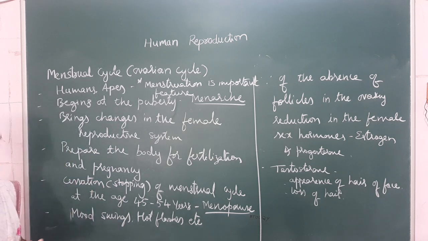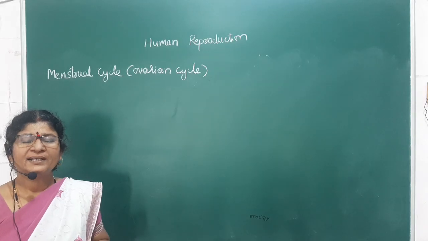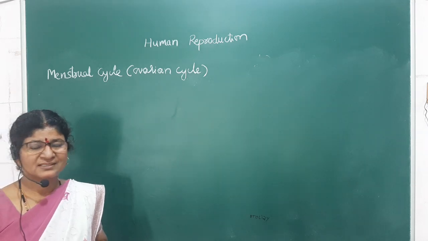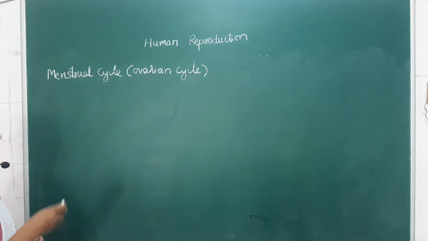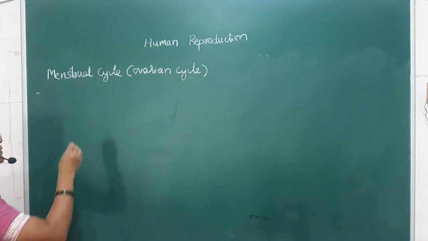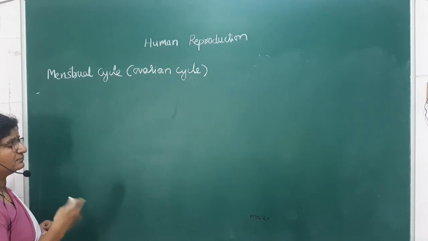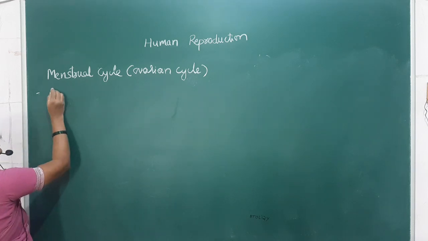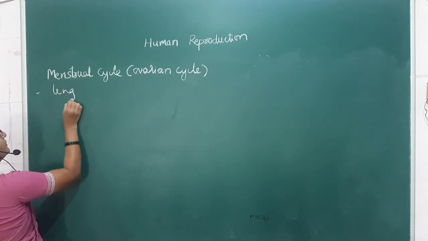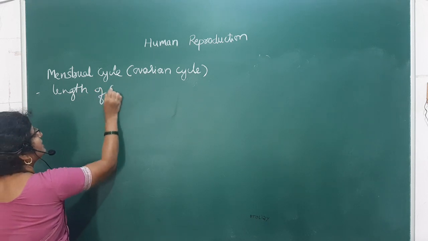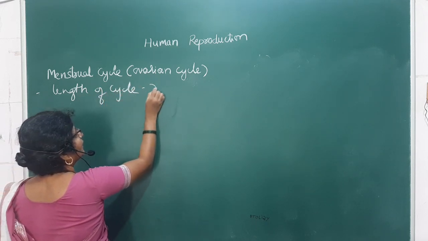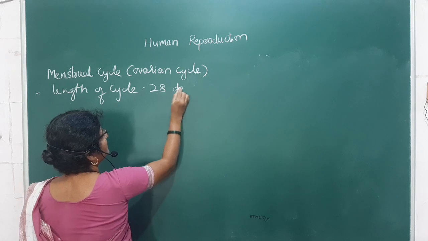Let us see the phases of the menstrual cycle now. The length of the menstrual cycle is 28 days in a normal cycle, usually.